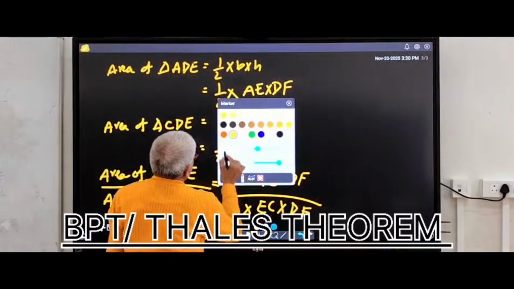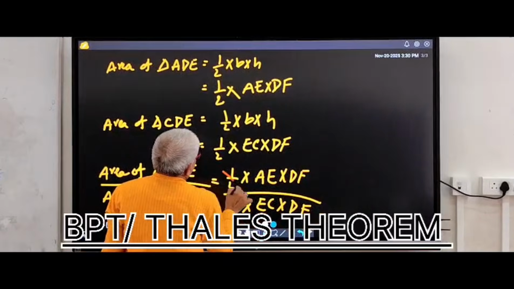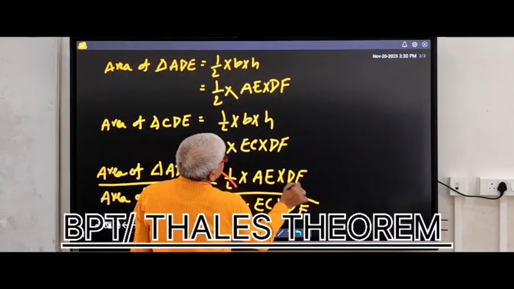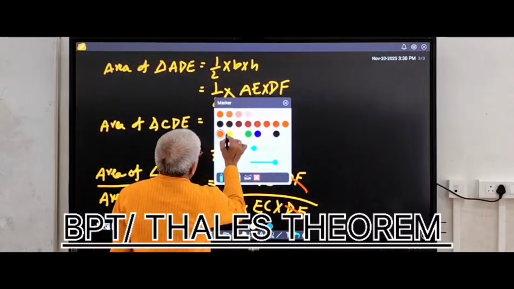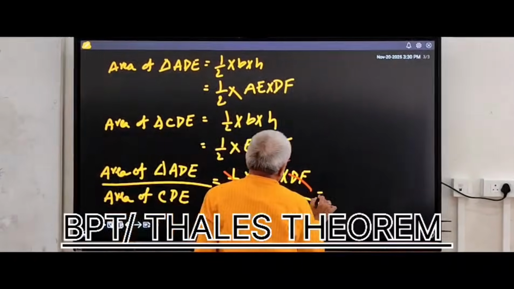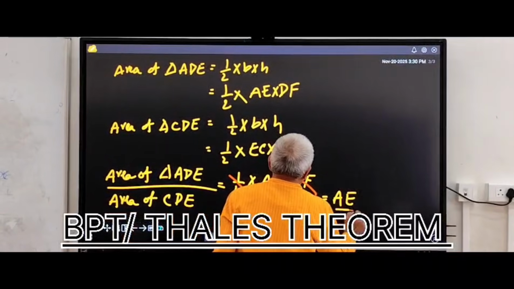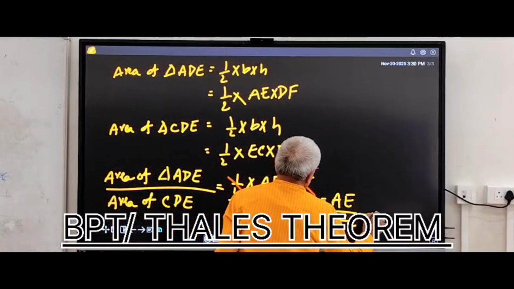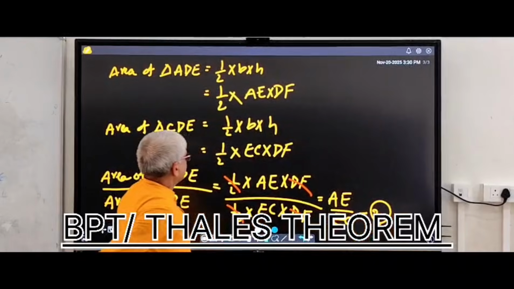Again if I do the cancellation here, half gets cancelled, DF gets cancelled. What is left over? Left over is AE by EC. Now let me name it as equation 2.